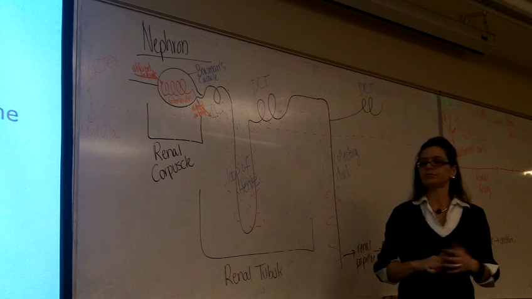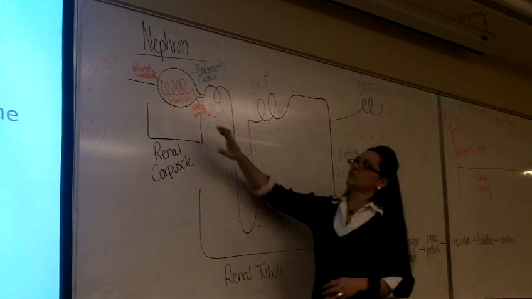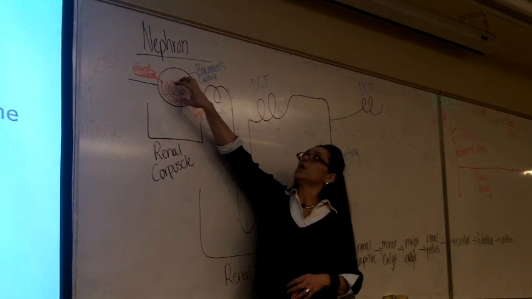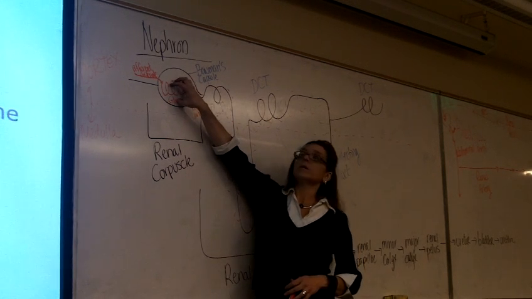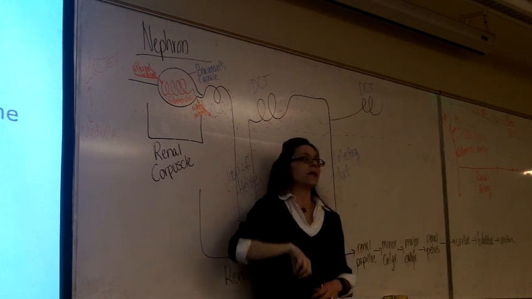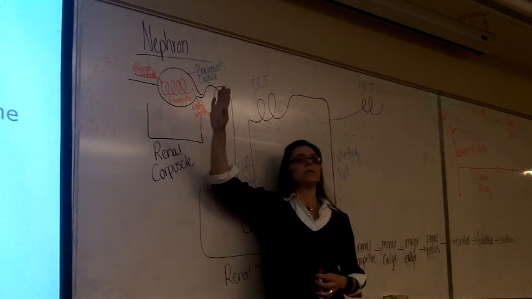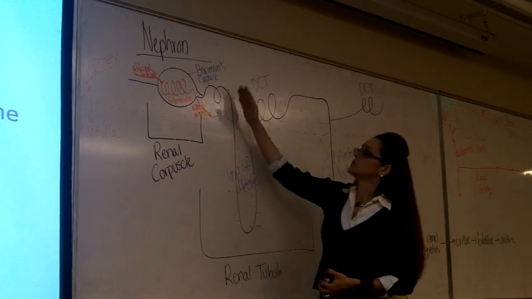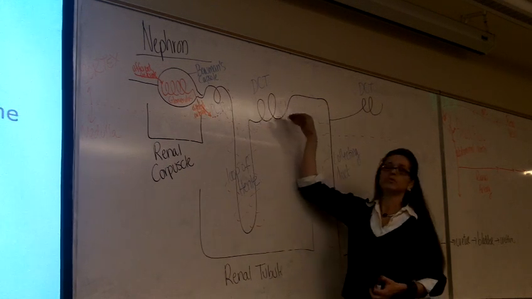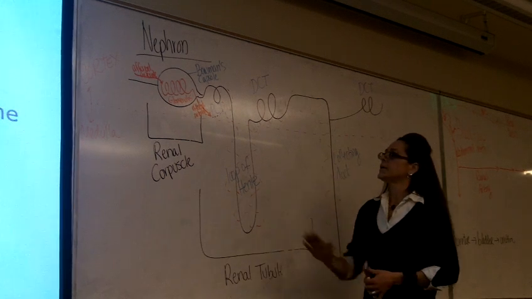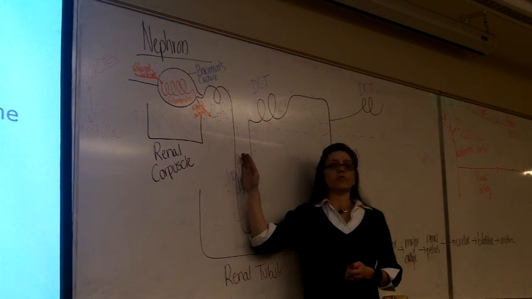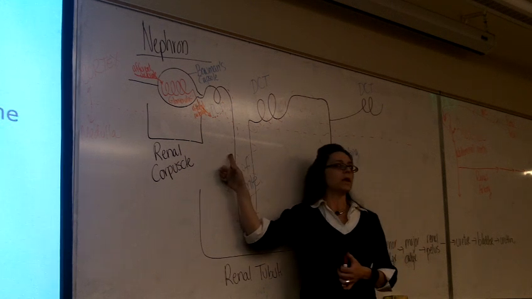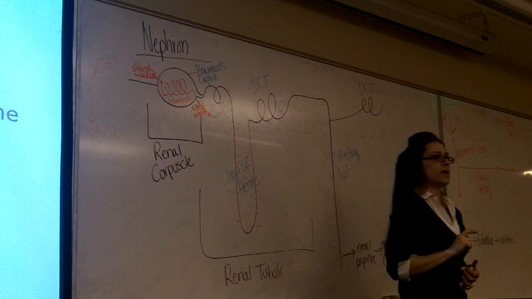Things that we don't want in our blood. So filtration happens up here, and that's material moving out of the blood, out of the glomerulus, and into Bowman's capsule. That's filtration. That's where we first produce the filtrate. Then the filtrate starts traveling through these tubes, through the renal tubule, and some of what's in that filtrate is going to get reabsorbed, put back into the blood, back into these peritubular capillaries.